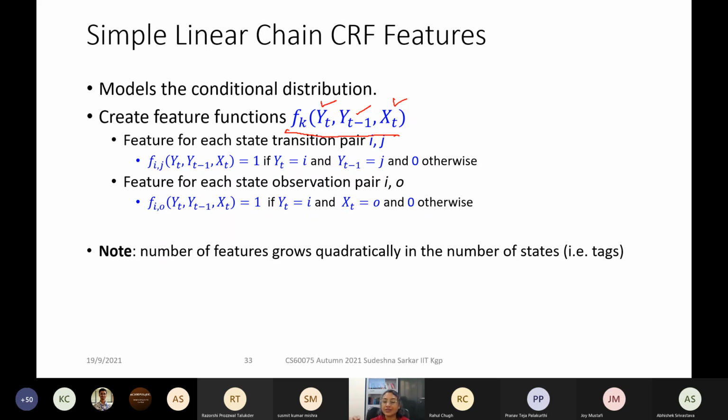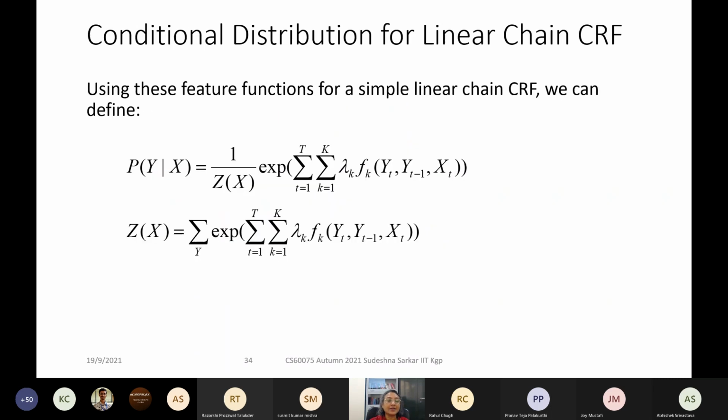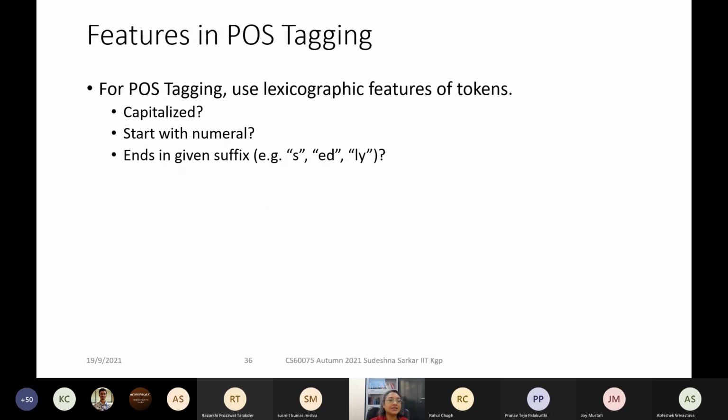Similarly, we can mirror the features that we have in the HMM, that the tag is noun and the word is book. But in addition, we can have other types of features. For example, we could use some features of the word. We can say, is the word capitalized? Does the word start with a number? Does the word have a suffix ed?